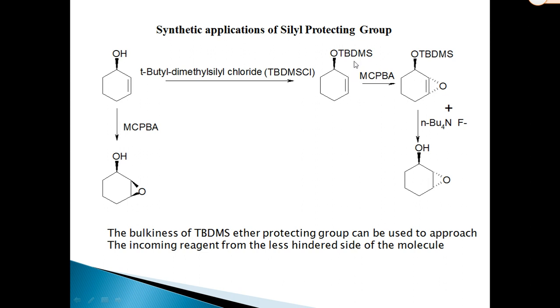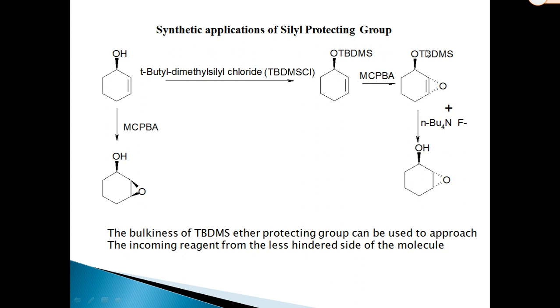Now see here, the bulkiness of the tertiary butyldimethylsilyl ether protecting group can be used to direct the incoming reagent from the less hindered side, because due to its bulkiness, this incoming reagent enters from the less hindered side. So we get here epoxide trans to this bulky group.